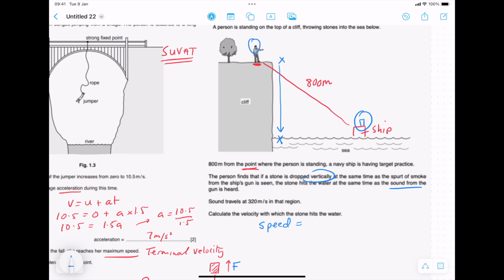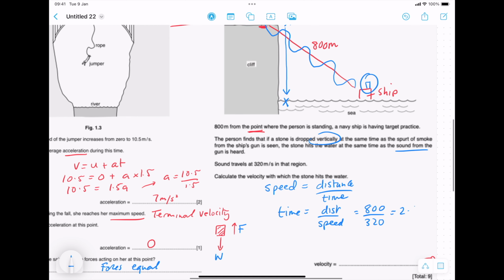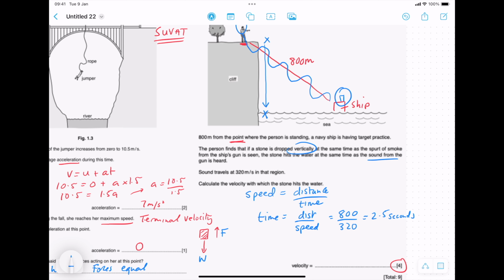We use the equation speed equals distance over time. We know the speed. We know the distance the sound wave has travelled. It's 800 meters because it's travelling from the ship to the person's ear. So let's rearrange the equation. It'll be 800 divided by 320, which is 2.5 seconds, the same time it takes for the stone to strike the water at that point there.